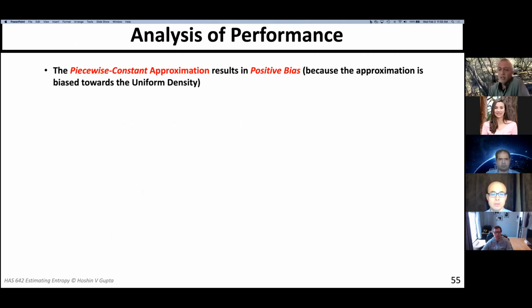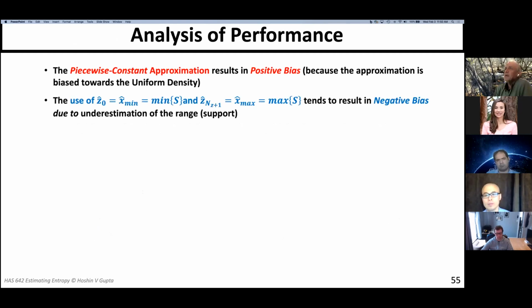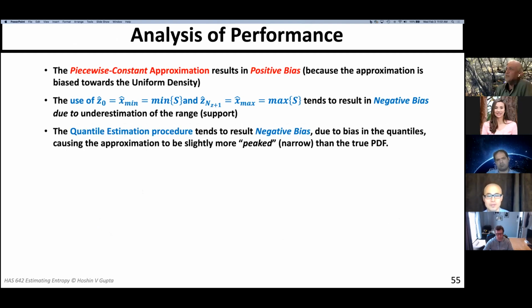So to summarize, the piecewise constant approximation gives you positive bias because the approximation is biased towards a uniform density. It's rougher. The use of minimum and maximum tends to result in negative bias. The quantile estimation procedure tends to result in negative bias because the quantiles will tend to be squeezed towards the high probability regions.